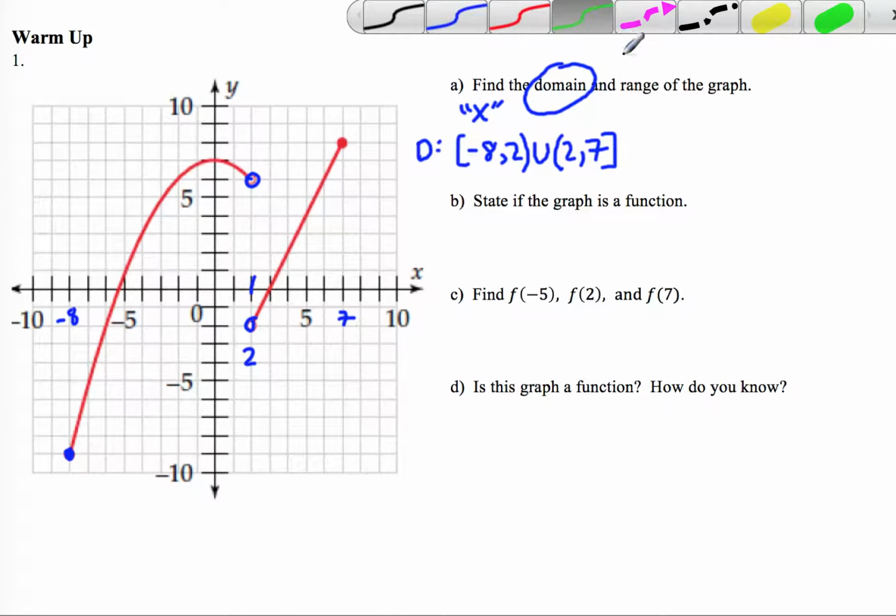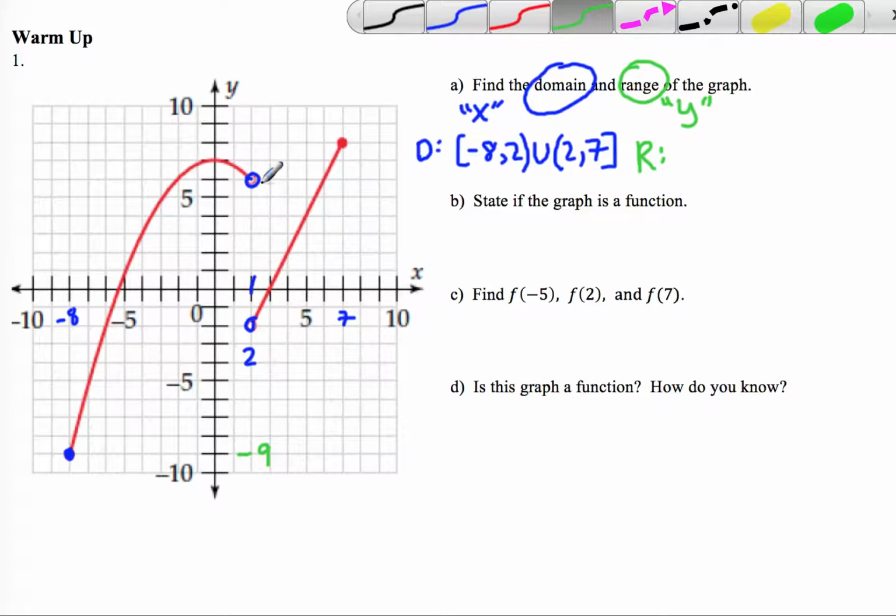And if we're looking at range now, we're looking at our y values, right? So we want to move the opposite direction, so up and down. Looking at our smallest number that we can put in, the coordinate point here is -9. It doesn't include here at 2, but we have that 2 value here.